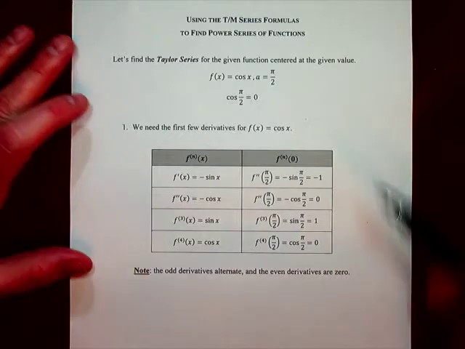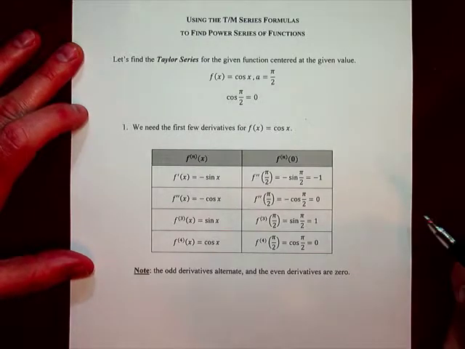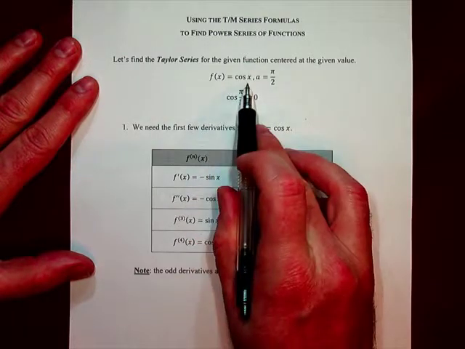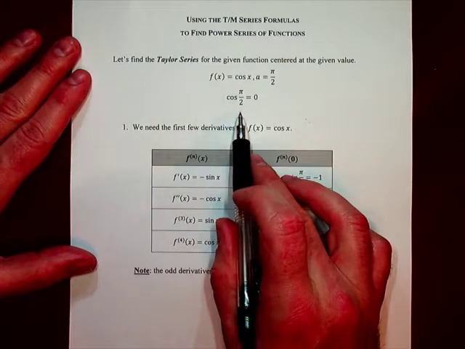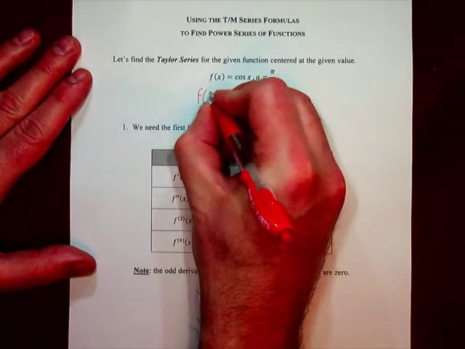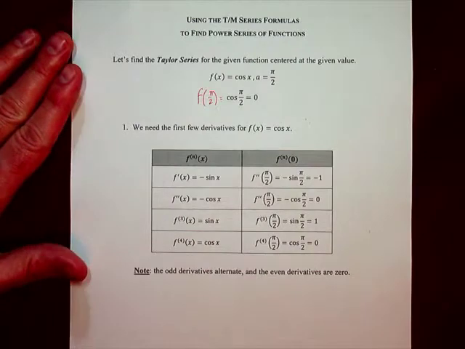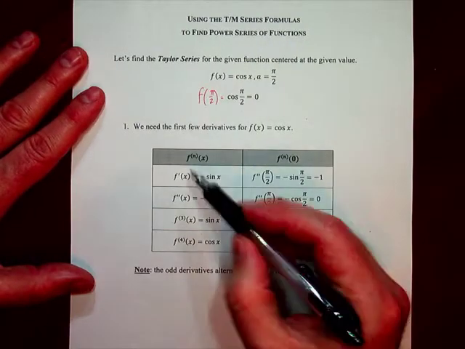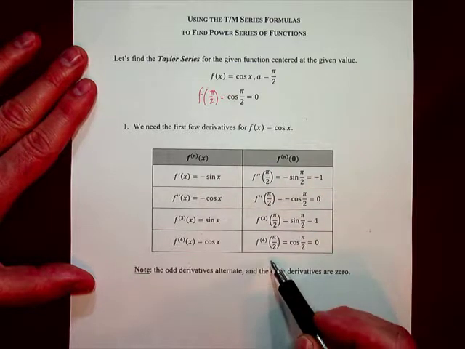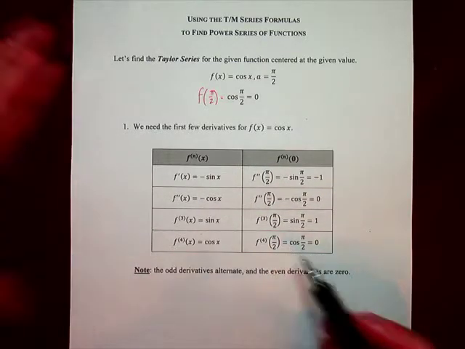Now, obviously, if we're going to be using the Taylor series formula, then we need not only the function and the function evaluated at a, because this right here is, of course, f of pi over 2, f of a, right? We need to find successive derivatives and the value of those successive derivatives at our center value as well, our a value.